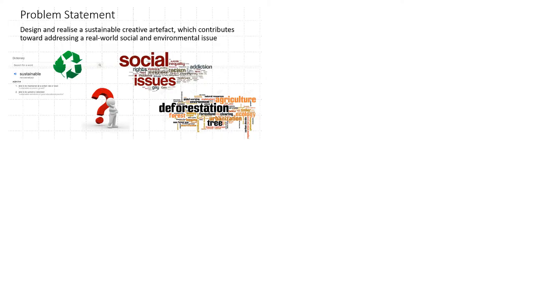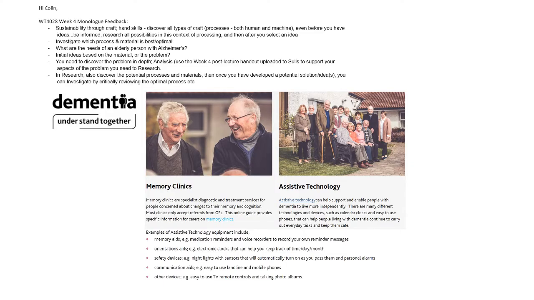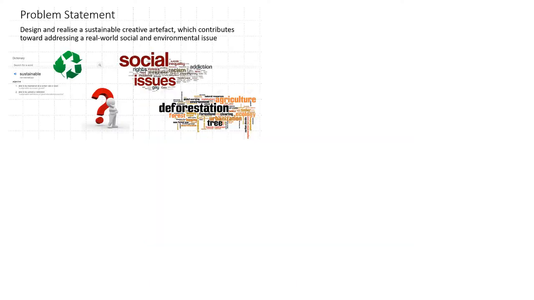Going on to the next point of my feedback, it said I discovered the problem in depth. So it was an initial idea based on material or the problem. What's meant by that is that I'm designing my ideas off the material rather than fitting the need. Then there's the problem statement, where the design relies on sustainable creative craft which contributes towards addressing a real world social problem and an environmental issue.